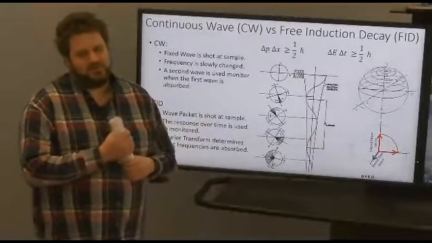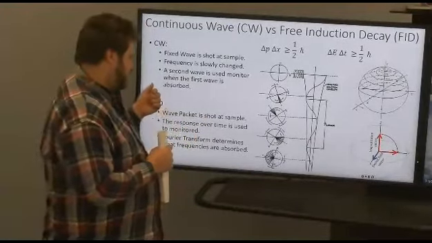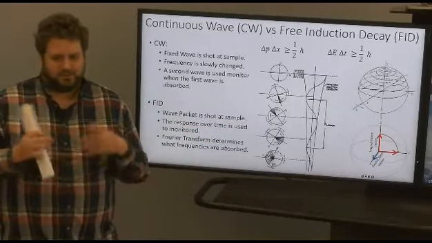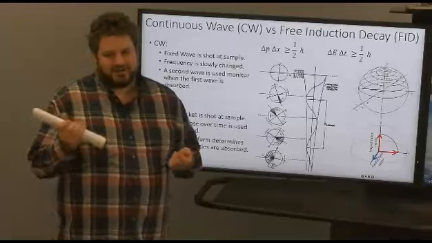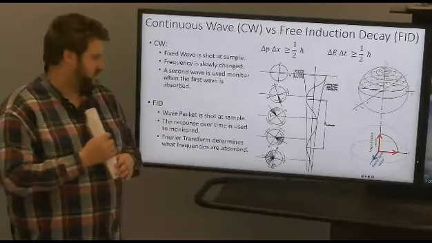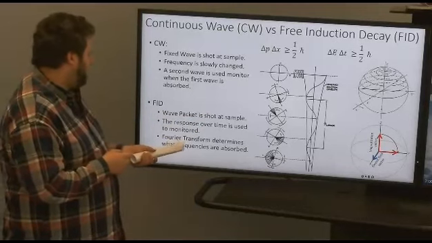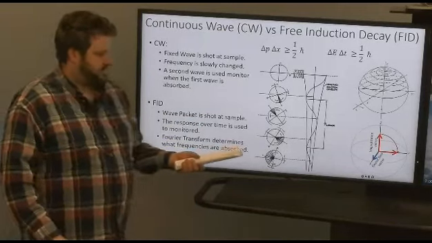That tells you information about the local environment of the electrons by telling you the energy or the frequencies with which these wobbles occur. And this is in reality how they do it, because you can do it very quickly.